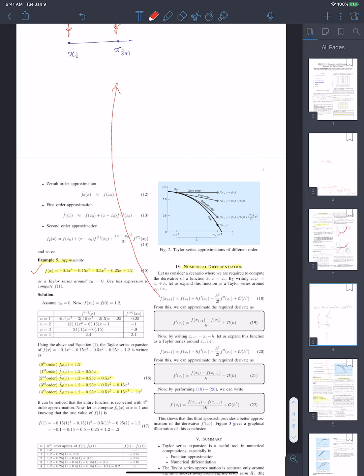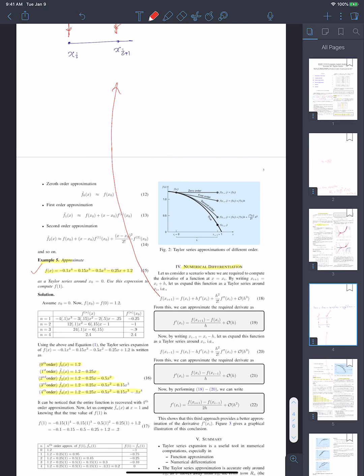If you look at it, equation 18 is basically the Taylor series expansion, but instead of x0 I'm using x_i, and instead of x I'm using x_(i+1). So given two consecutive values on the x-axis, we get this formula in 18.